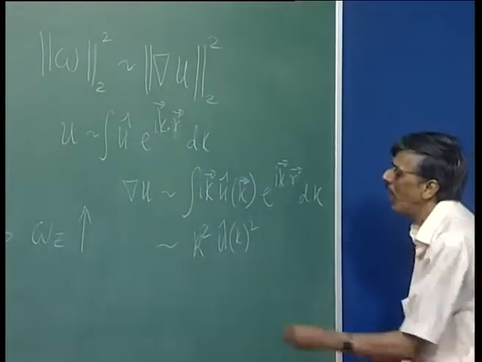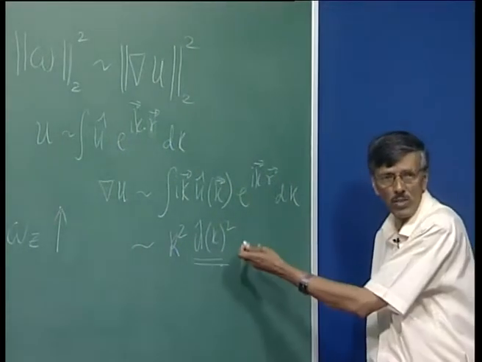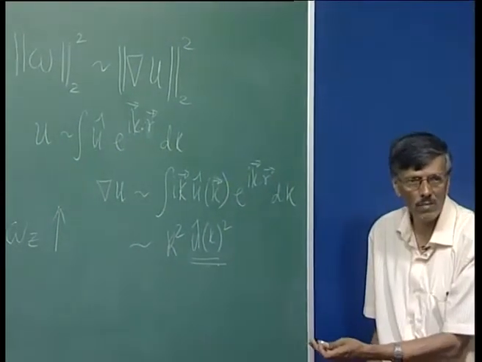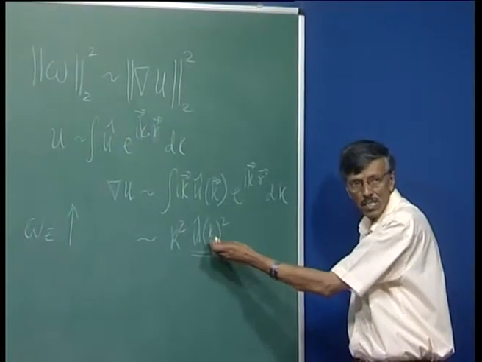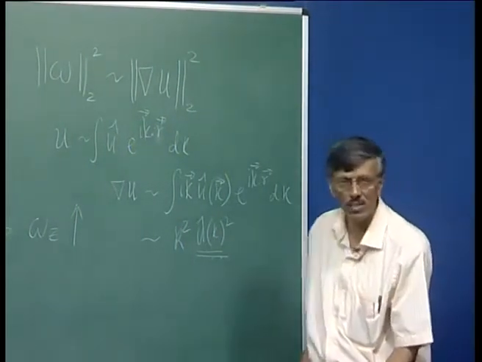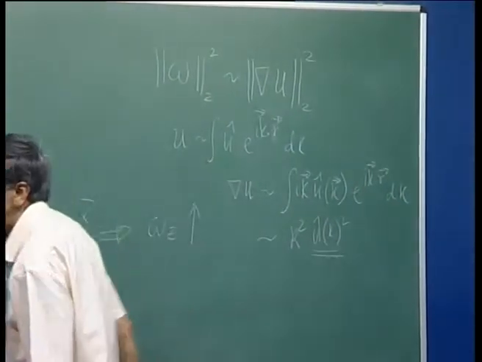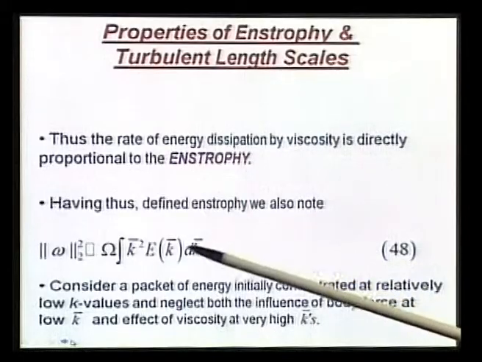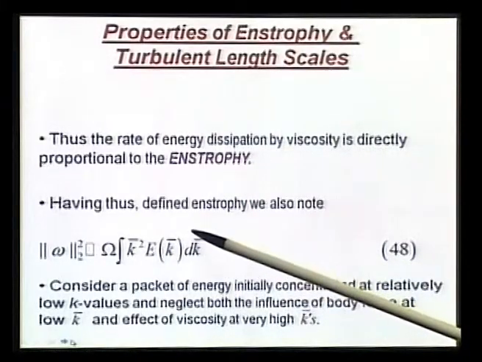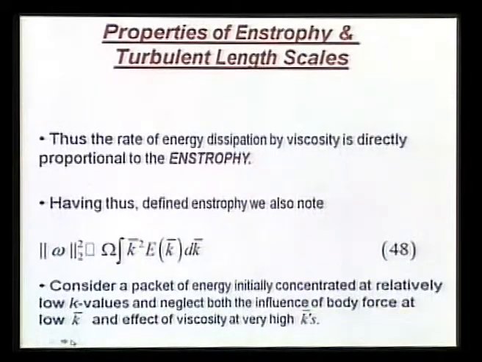However, from Parseval's equality, this also represents E of k, right. If this is the specific kinetic energy in k space, that is also the kinetic energy in physical space, so this has a role as we have written down here, E of k. So, basically the vorticity is something like this.